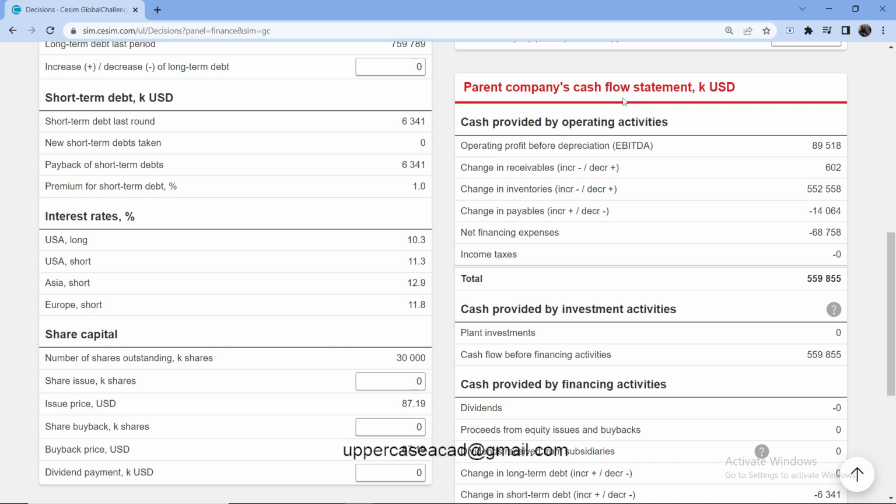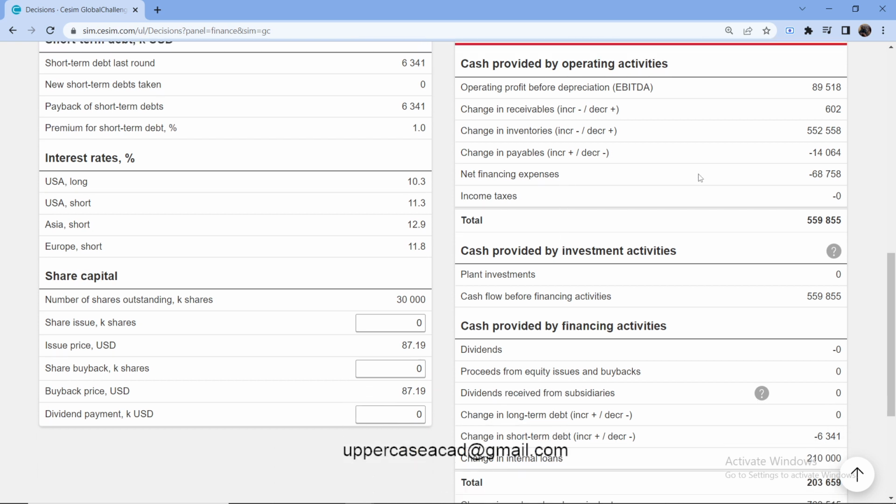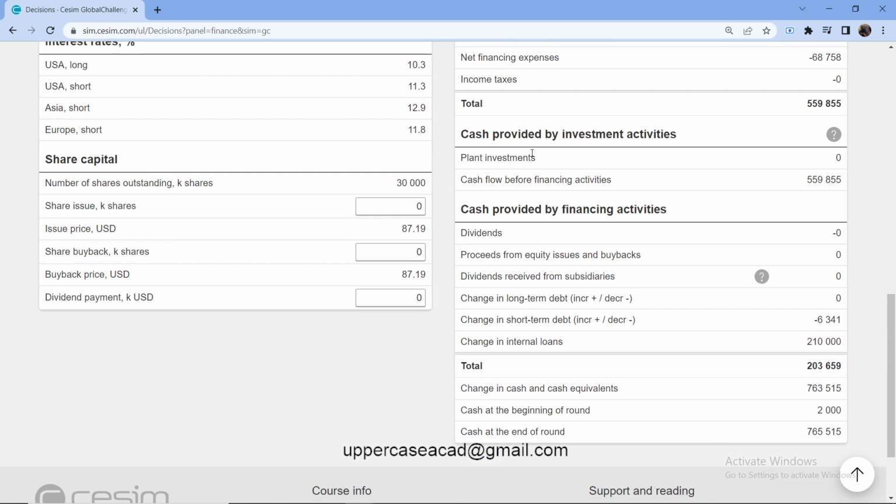We have the parent company cash provided by operating activities. Operating profit before depreciation is 89 million. Change in receivables, you can see the values here. The net financing expenses, the income taxes, and the total cash provided by investments.